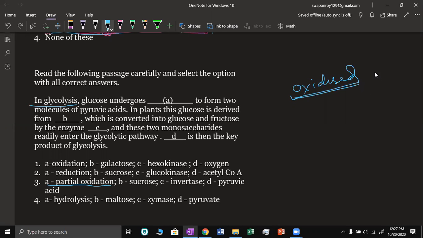In glycolysis, it is glucose and it is two molecules of pyruvate or pyruvic acid. This is partial oxidation.